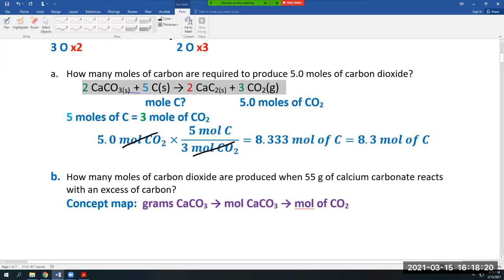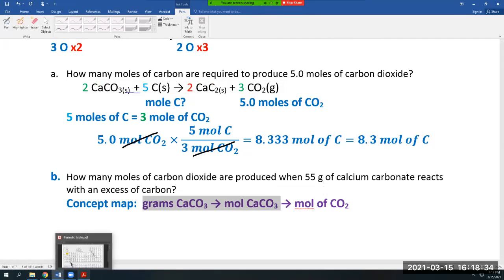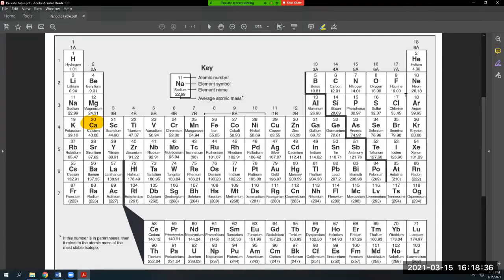So let's write down all the equalities we will use. So first, to change the grams of CaCO3 to moles of CaCO3, we need the molar mass. So for the molar mass, we gather the molar masses of each atom. We have 40.08 for the calcium, 12.01 for the carbon, and then 16.00 for the oxygen.